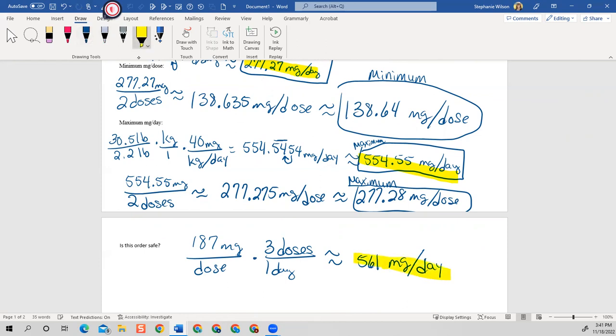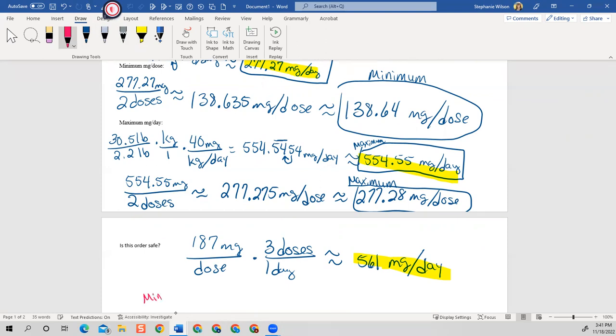So I'm going to determine, is the order safe? The recommendation is based upon body weight, per kilogram, and we need to make sure the doctor didn't order more than what is recommended for the patient.